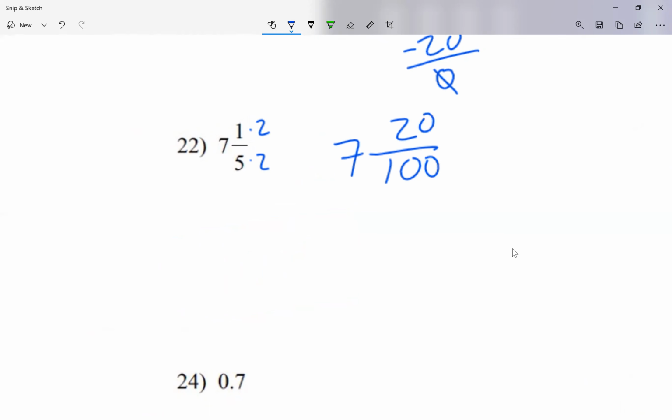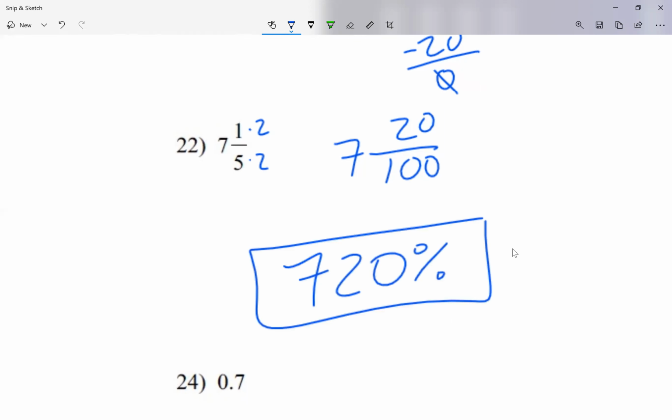So I have 20/100. My answer is going to be 720%. You guys see the 20%, right? The 20/100. But the 7 in front of it, that means 700. And then the other 20, 720%.